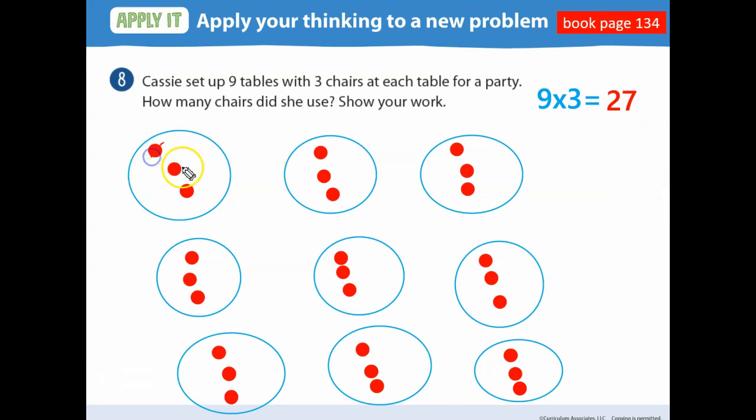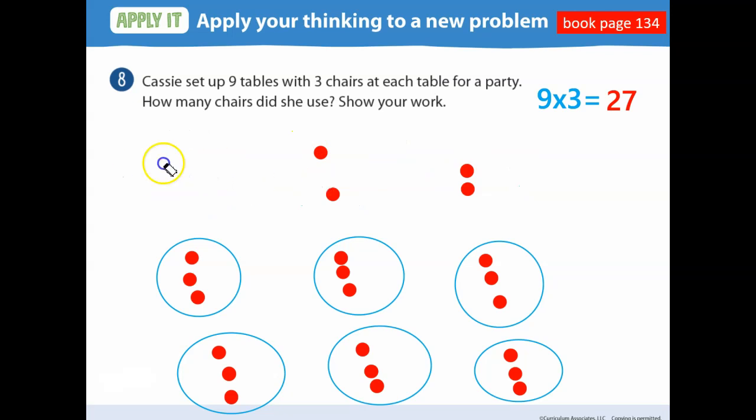See? 1, 2, 3, 4, 5, 6, 7, 8, 9, 10, 11, 12, 13, 14, 15, 16, 17, 18, 19, 20, 21, 22, 23, 24, 25, 26, 27. 27.